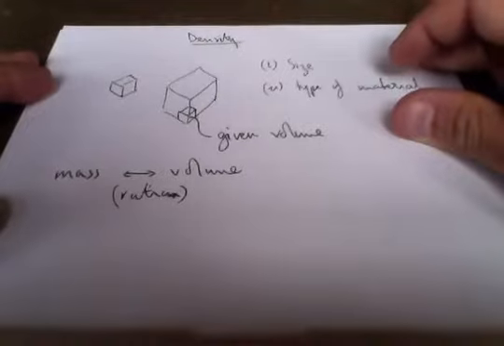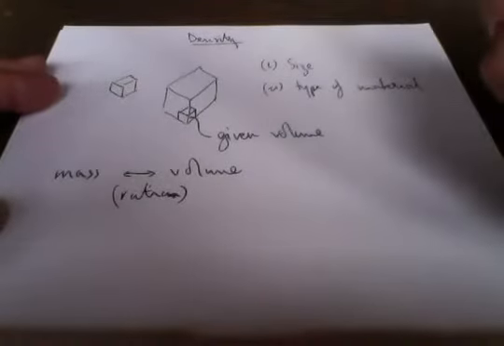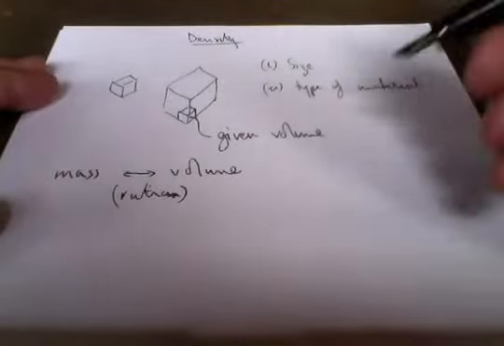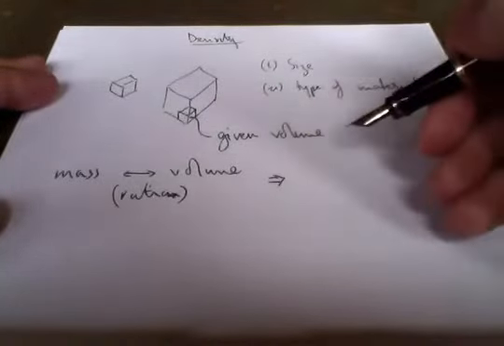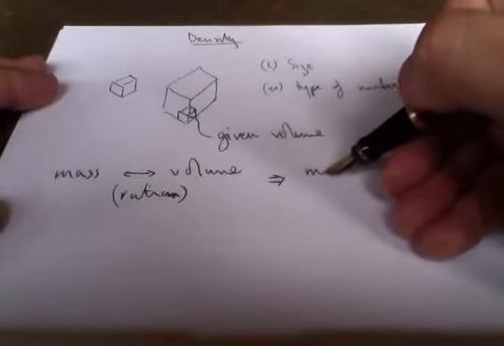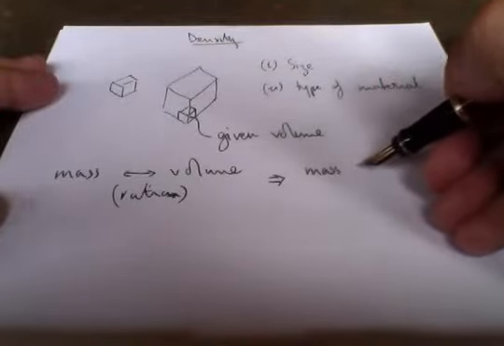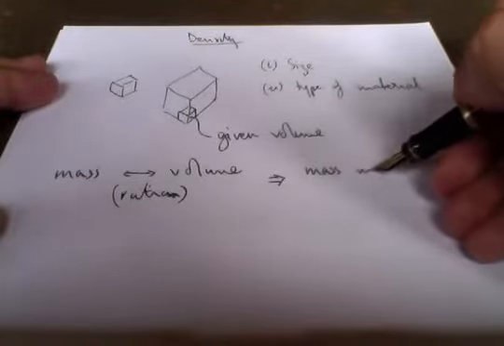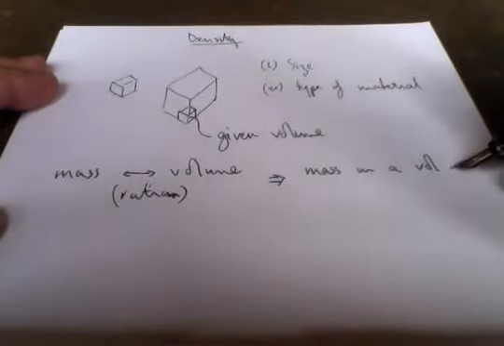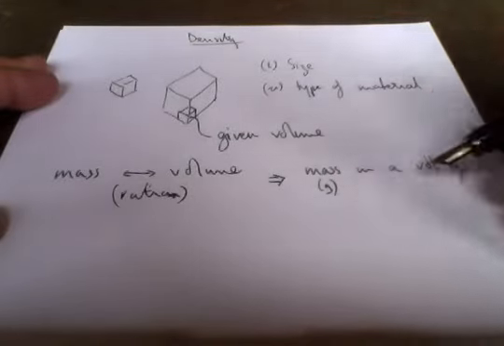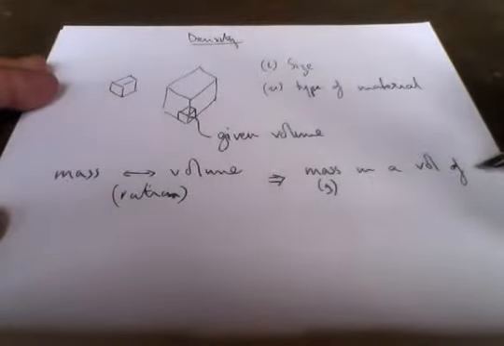So there's a very simple equation. Let's think about it first as that definition: a mass to volume ratio. Or if you prefer a description, it's the mass in grams in a volume of 1 centimeter cubed.